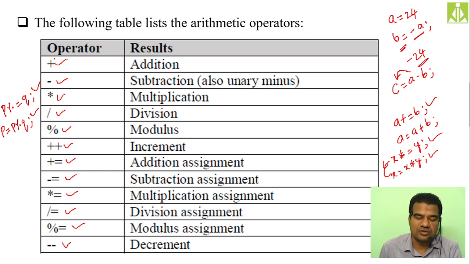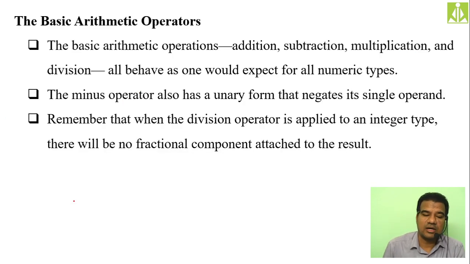So binary arithmetic operators, the regular ones, then increment, post-increment, pre-increment, decrement, post and pre decrement, then the compound operators. These are all arithmetic operators. The basic arithmetic operators are addition, subtraction, multiplication, division, and the minus operator also has its unary form, which we have to remember.